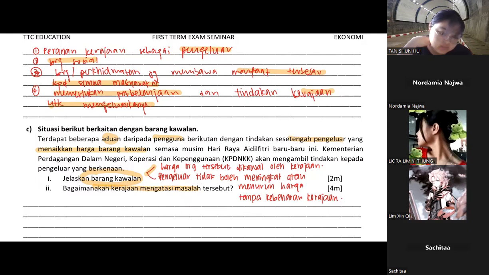In your marking scheme, just to let you know, they actually include saying that government can do something called dasar harga maksimum, dasar harga minimum. But I will put those 2 points at the back.